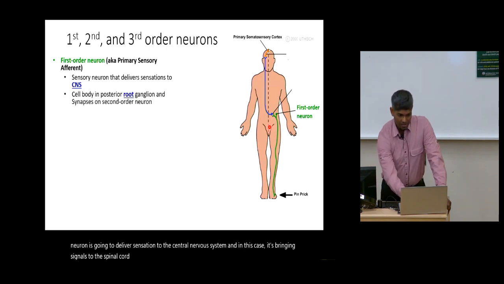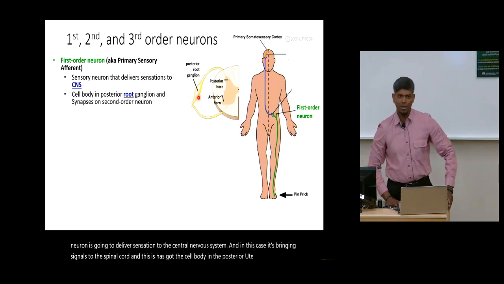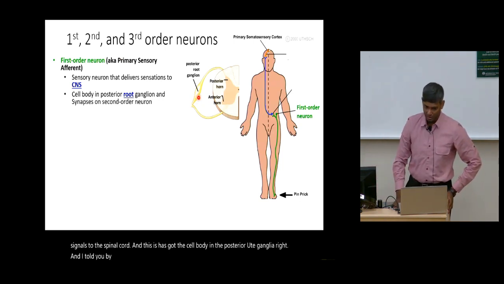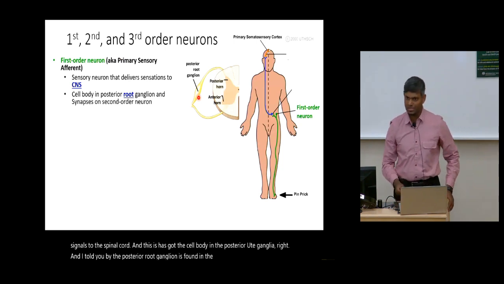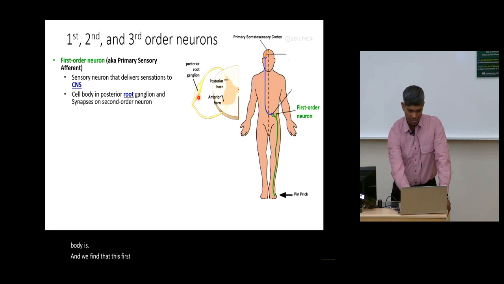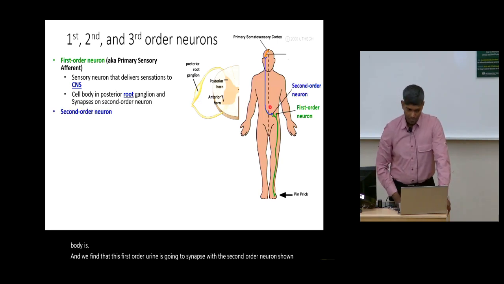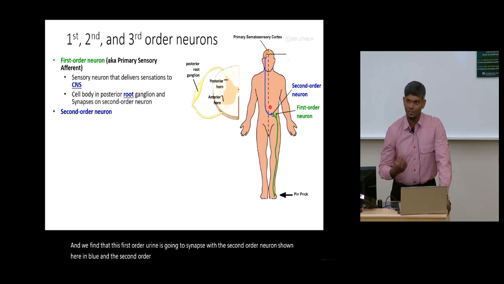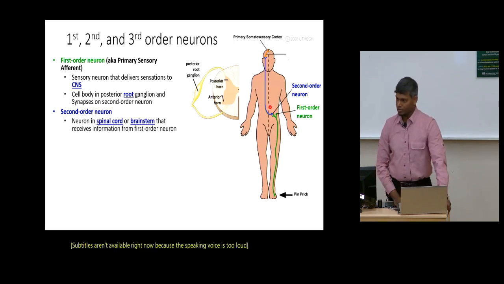It has its cell body in the posterior root ganglion, and I told you where the posterior root ganglion is found in the spinal cord. So that's where the cell body is. This first order neuron is going to synapse with the second order neuron shown here in blue, and the second order neuron will take the signals from the first order neuron.